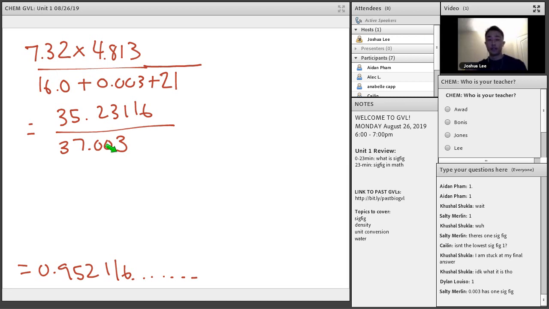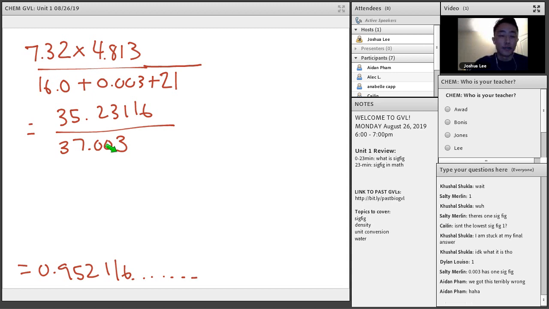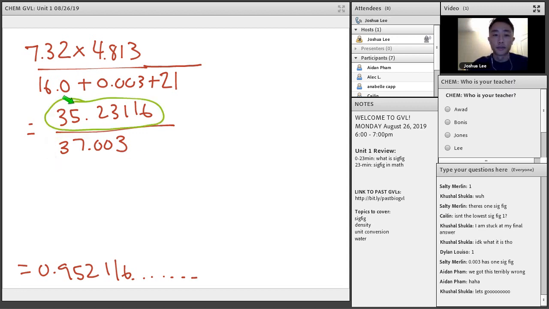Now we have to figure out, the last thing I'm doing is dividing, right? I'm dividing the top by the bottom. But let's first go with the top. Top one will be easier. Let's look at my top number, my numerator sig figs. What two numbers did I multiply together to get 35.23116? I multiplied 7.32 and 4.813.